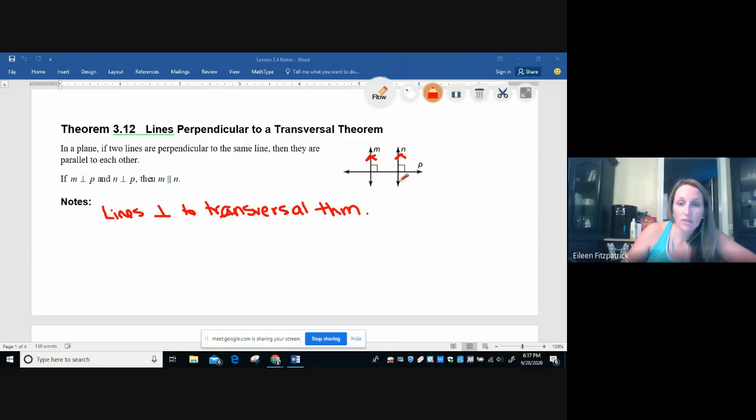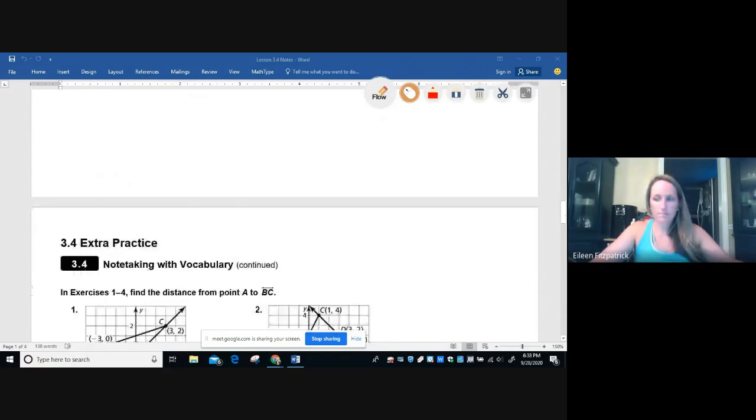If I was proving that those lines are parallel, I would say corresponding angles congruent implies parallel lines. That's how I would go about proving the lines are parallel. But again, just knowing that the lines are parallel by looking at the diagram is going to help you with the algebraic problems that we're going to be taking a look at. Okay, all right, let me keep on moving along.